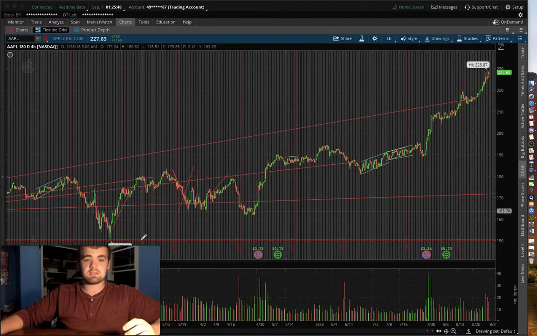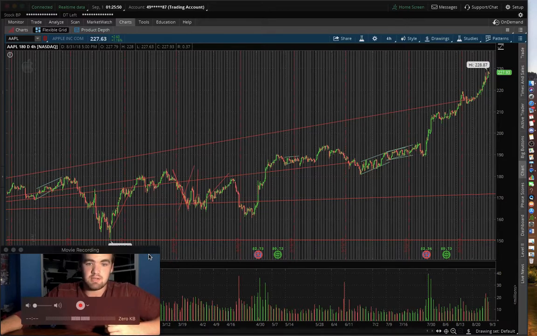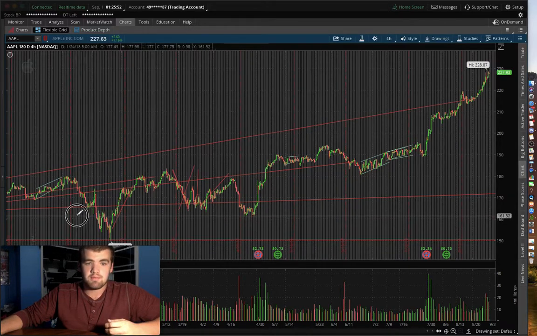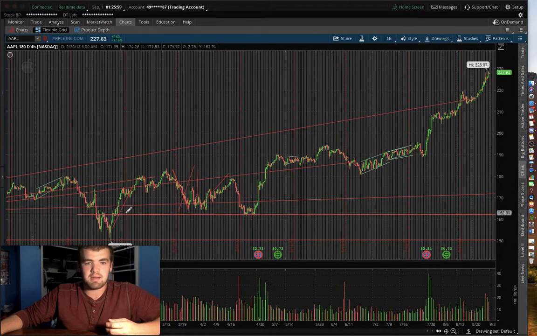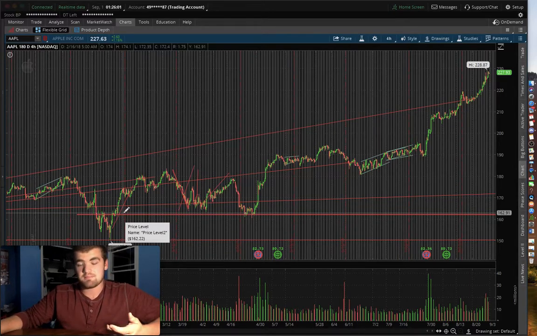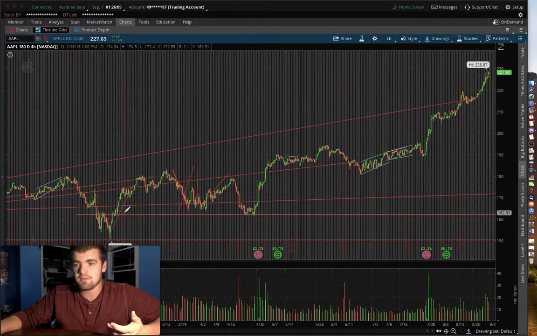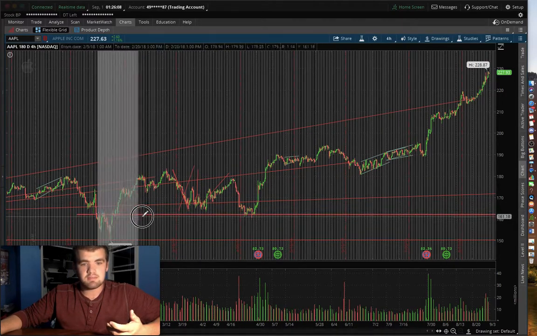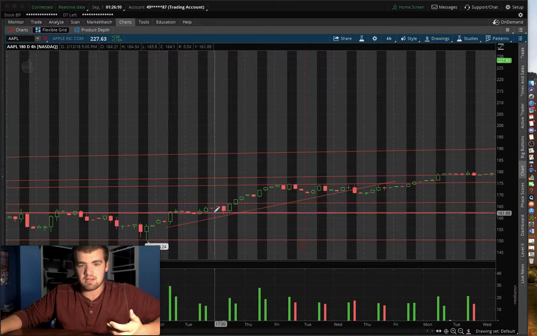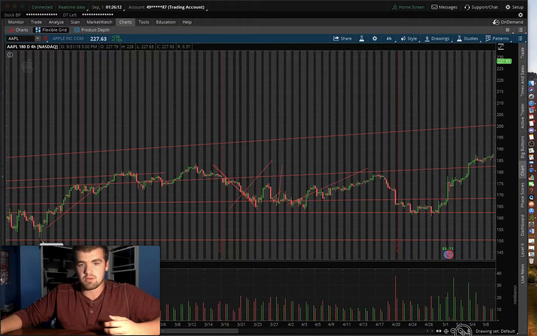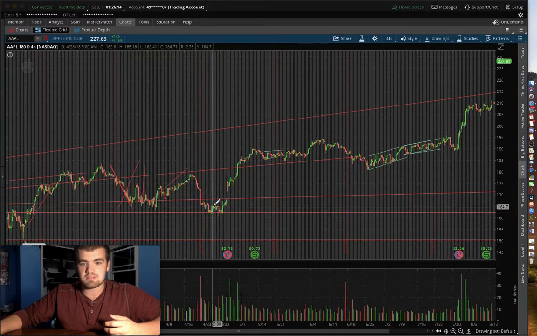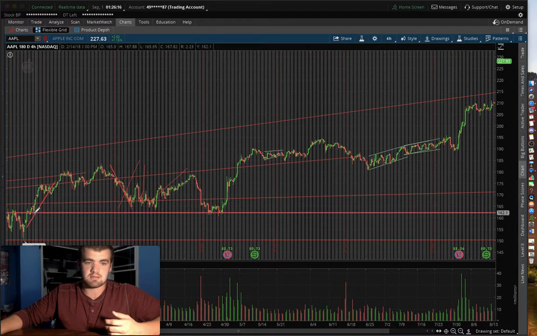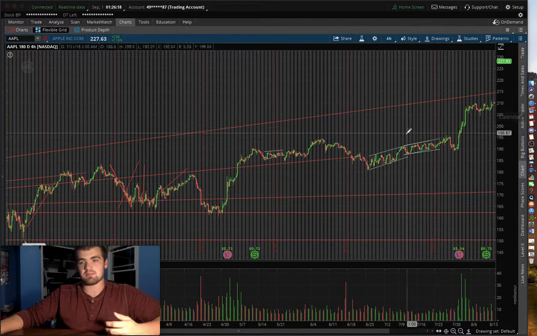So we said the support line is where buyers tend to enter the stock. If you look right here, this is where a lot of buyers tend to enter the stock at $162, because right here it did consolidate, which is what you look for, and it bounced here twice, plus this one, so three times it bounced.